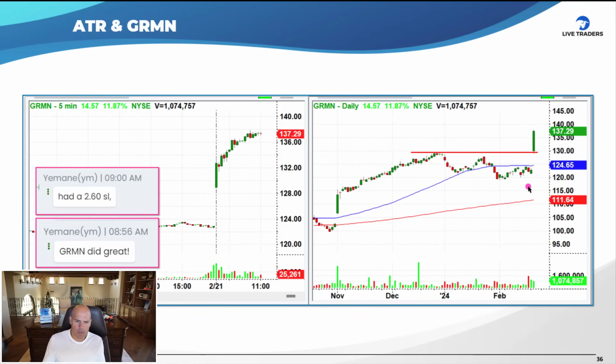What's Garmin do? First 5-minute bar of the day, it doubles its ATR. If the ATR is roughly $2, and the first bar of the day is 4. Technically speaking, the first bar of the day is 5. All right, this is 129 to 134. So the first bar of the day is 250% of ATR.